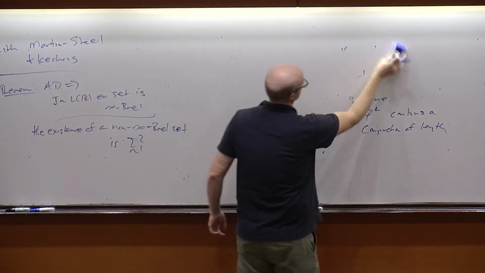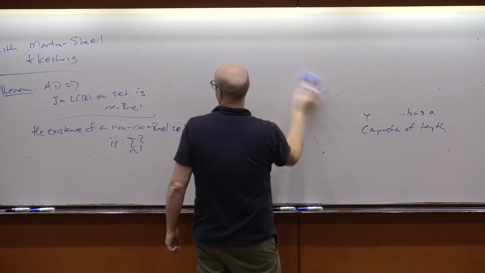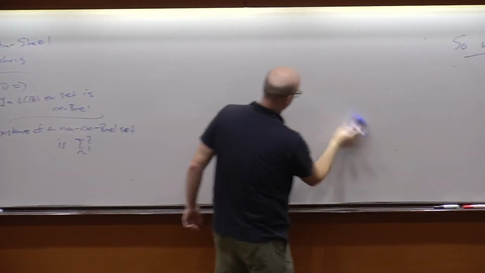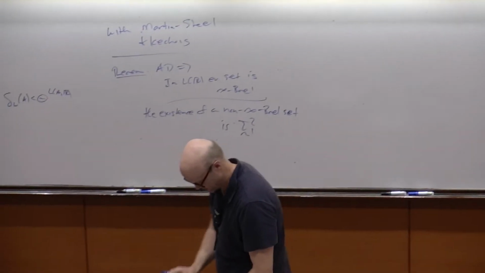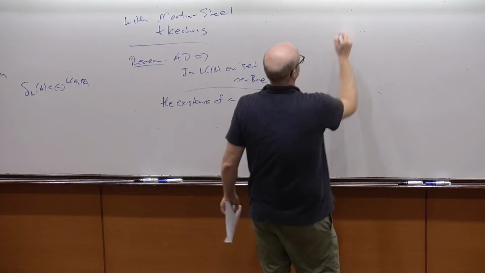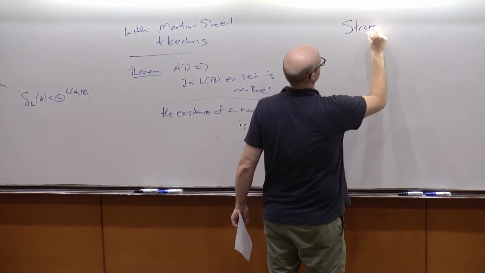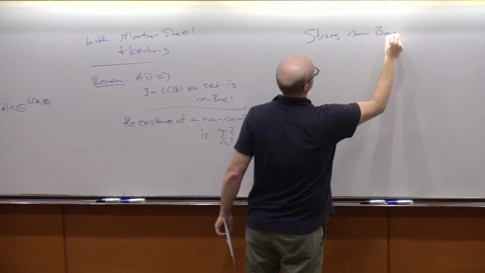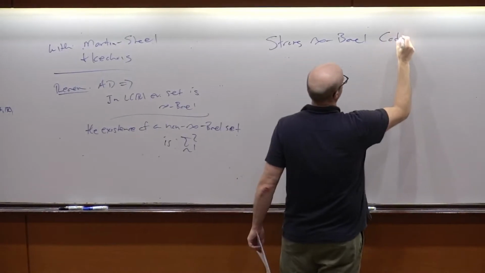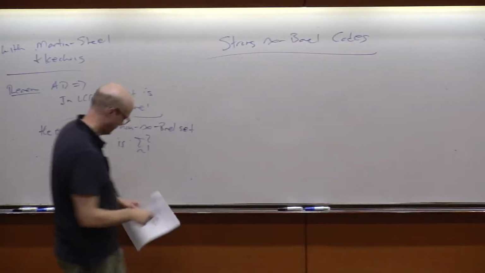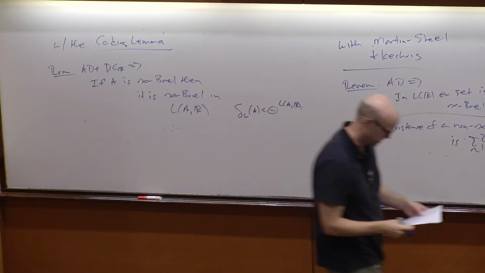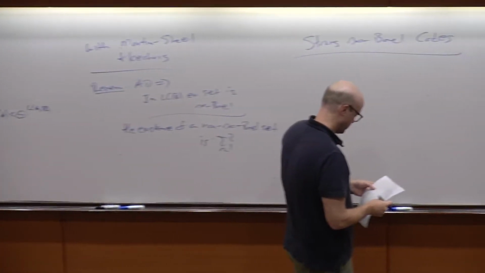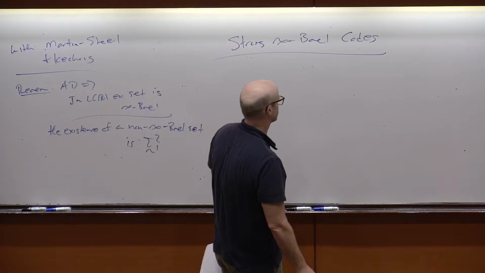The main line of these lectures goes to the notion of strong infinity-Borel codes. So that's the next topic. Strong infinity-Borel codes. Okay. We're going to do a similar operation to the star operation, except we're just going to thin infinity-Borel codes with a prescribed set of ordinals.